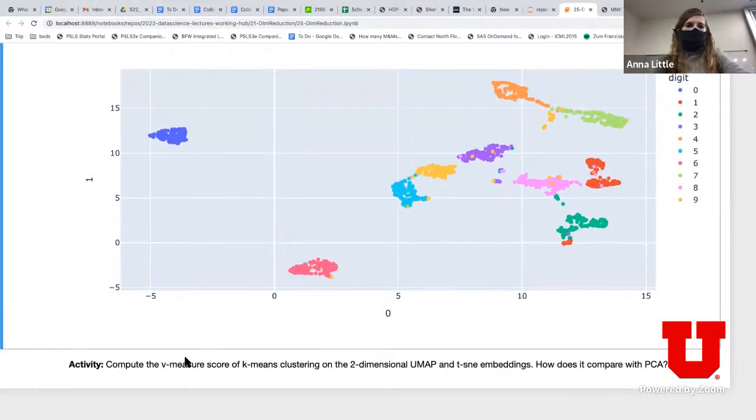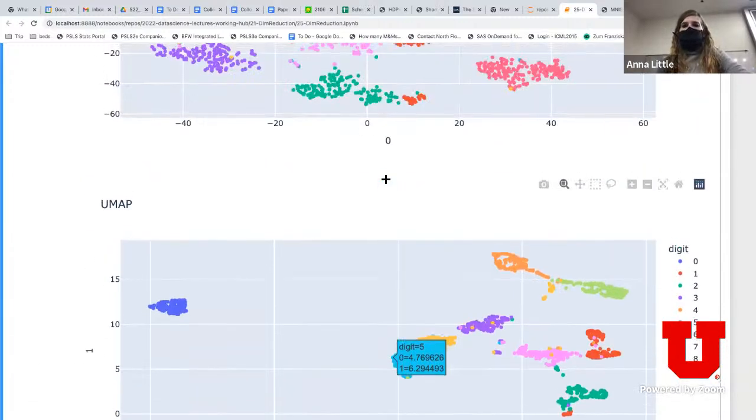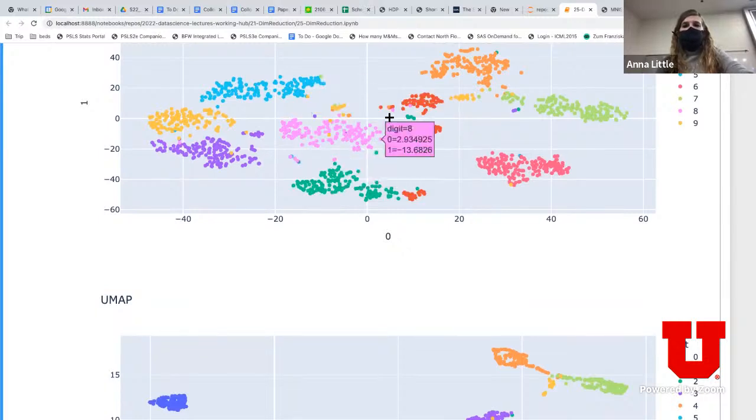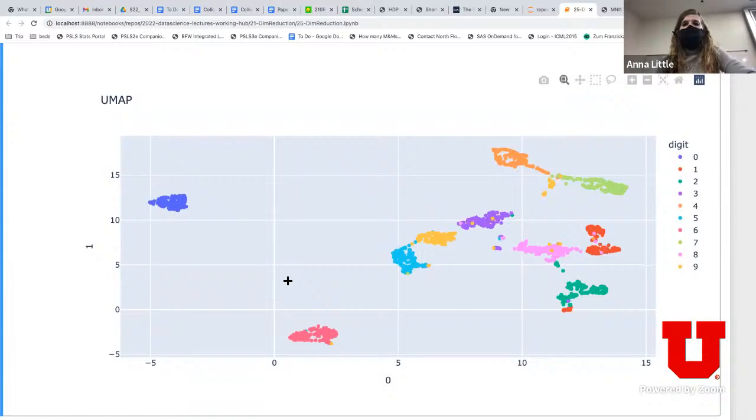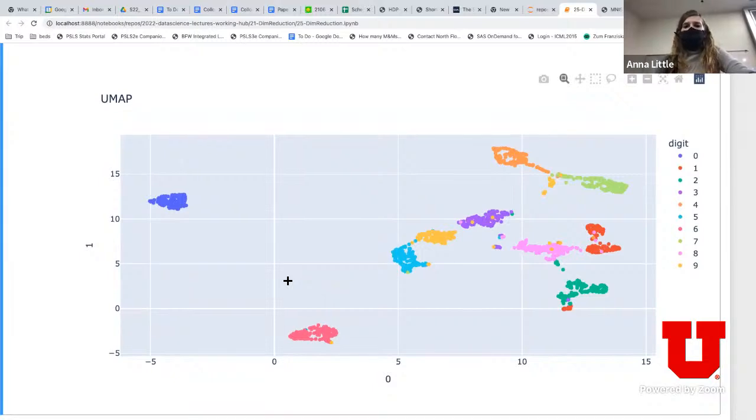One thing you can try out, we're sort of out of time for today, is computing the V-measure. Take these embeddings, the two-dimensional t-SNE and two-dimensional UMAP embeddings, run k-means, and then compare with the ground truth labels like we did for PCA, and you can see what the improvement is in the V-score.